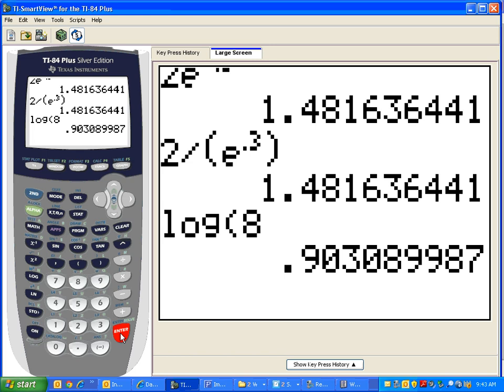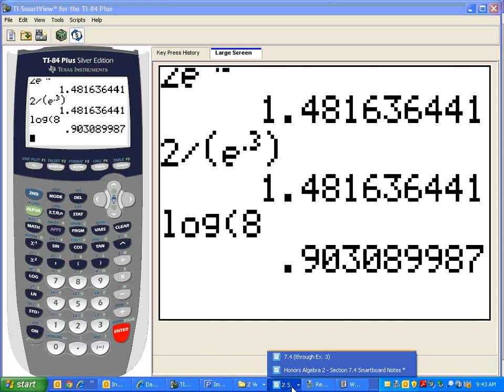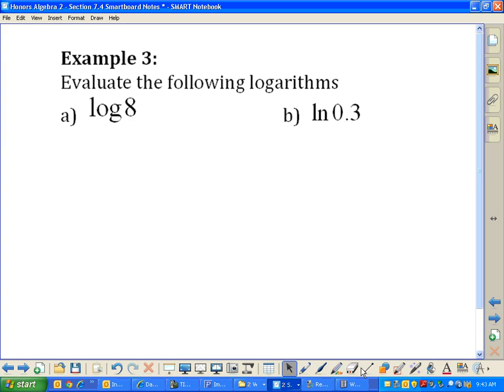So I wanted to give you a little insight into that. When you ask your calculator to evaluate log 8, what you're actually asking your calculator to do, and why we get some crazy decimals, is we're having our calculator answer this question: 10 raised to what power gives you 8? Well, think about that for a second.